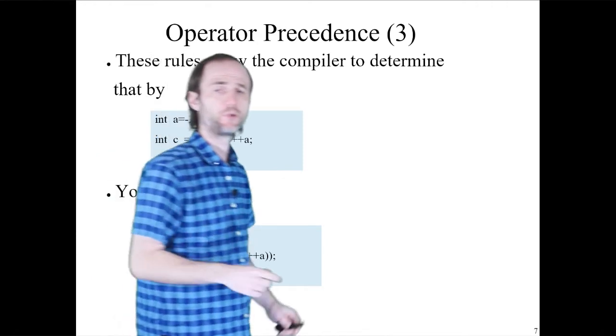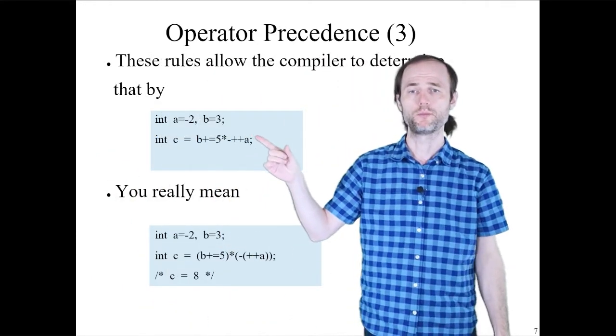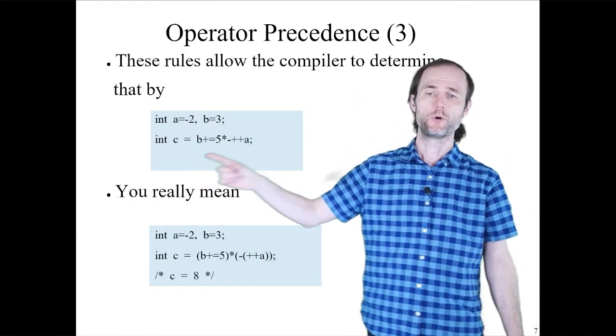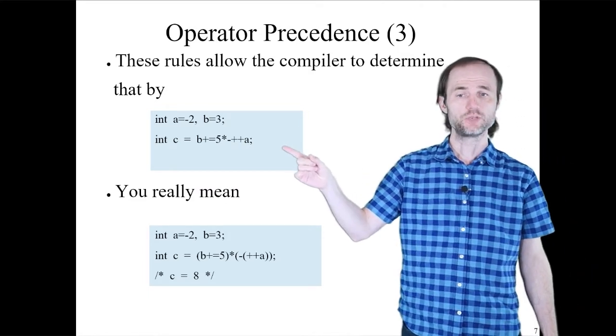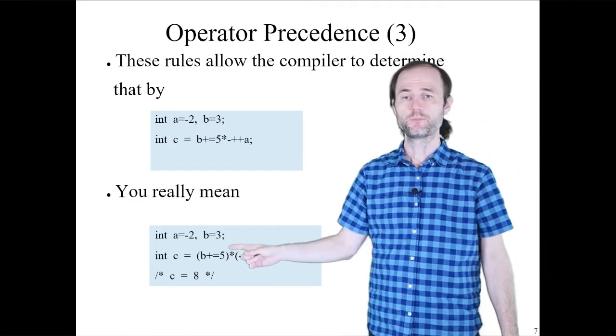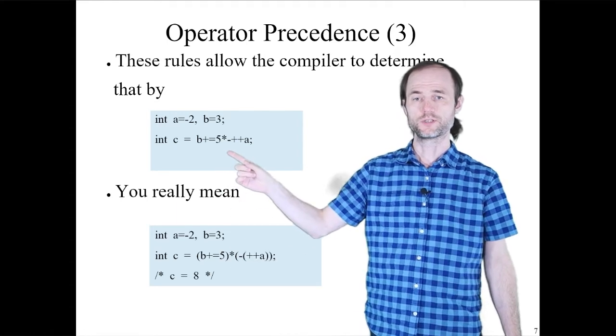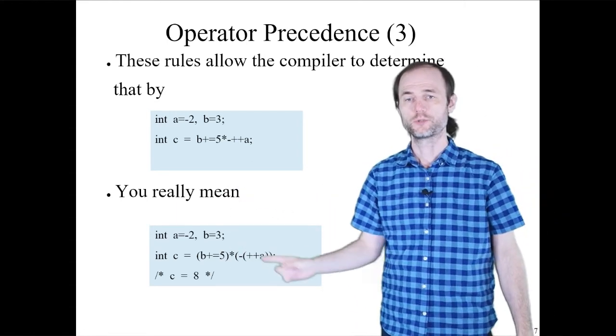Here is an example that might look mind-boggling at first because there is a potpourri of various operators. But what this actually means is that b plus equal 5 takes precedence over the multiplication.